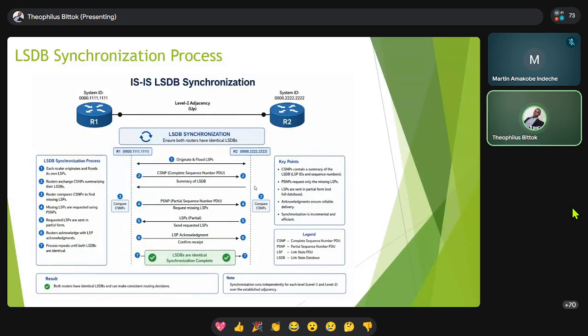So this is a diagram, just representing the LSDB synchronization. The PSNPs, I said, are the ones that just request the missing LSPs.